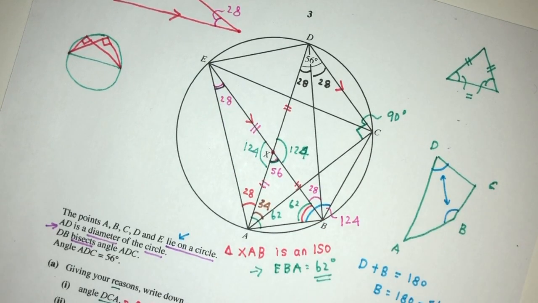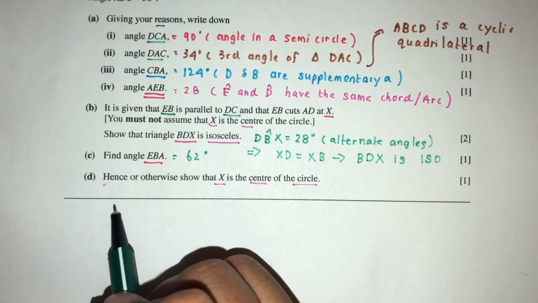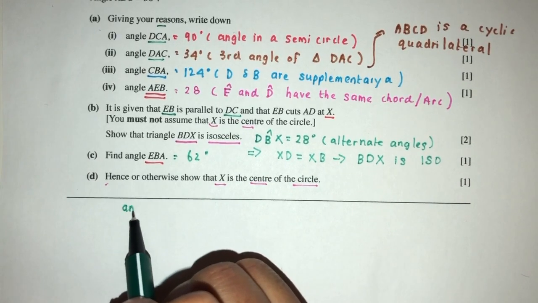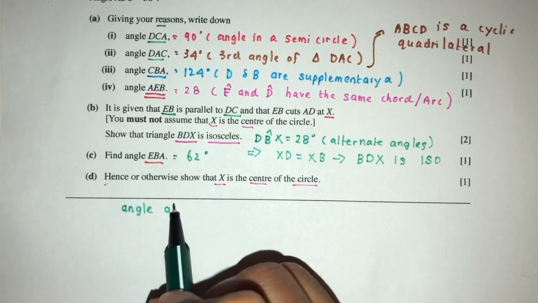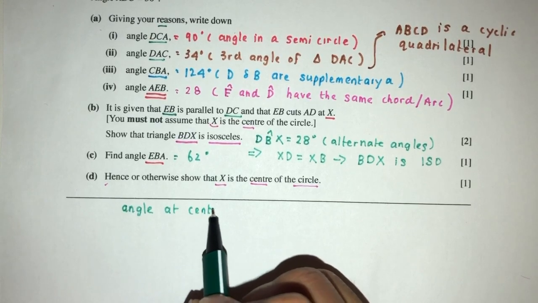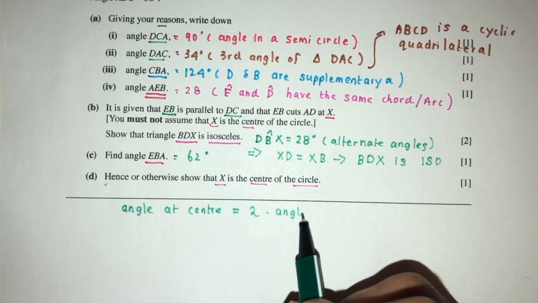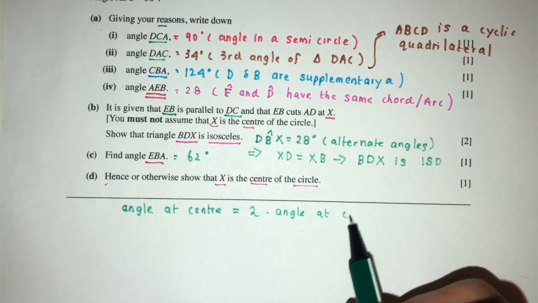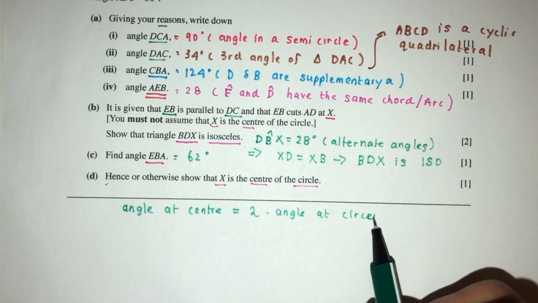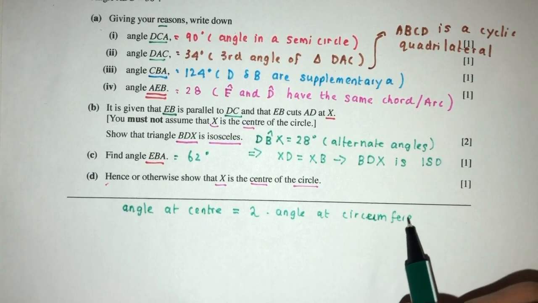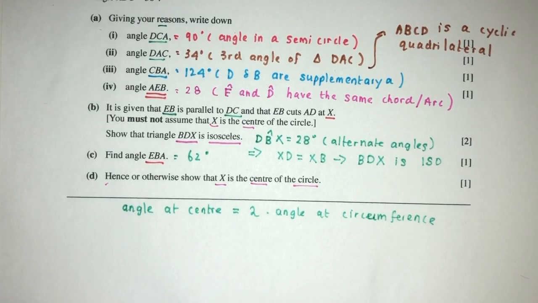So what theory do we know that proves that? We can say, since we know the angle at the center of the circle is equal to twice the angle at the circumference. This is a theory we have to know when dealing with properties of a circle.